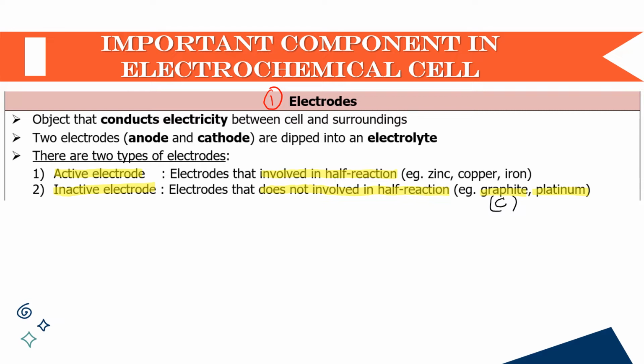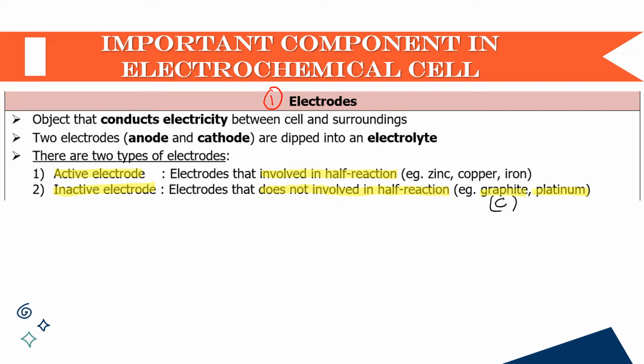Okay, but why do we need that electrode itself? Must it be present even though it's inactive? Yes, because an electrode is used as the place where the chemical reaction will occur, and it is also used to complete our electrochemical circuit.